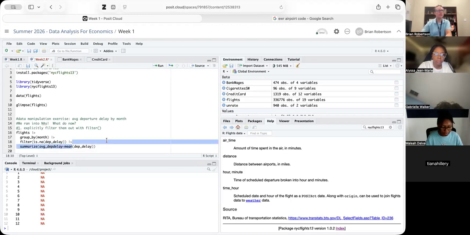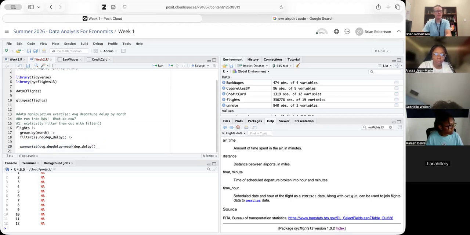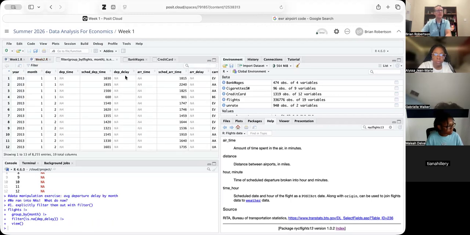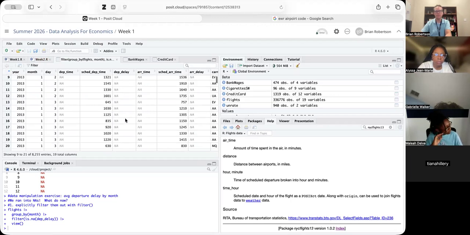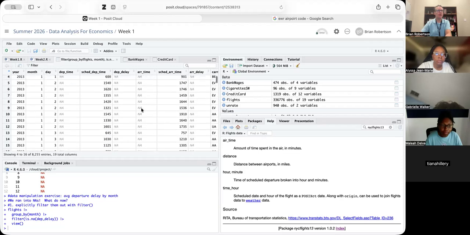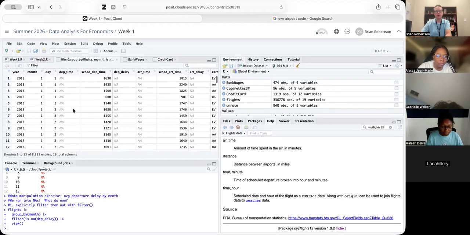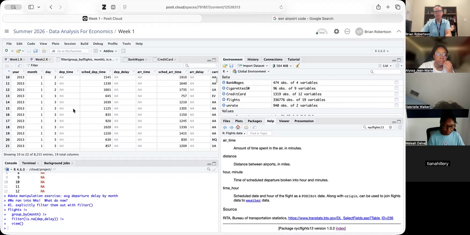Let me illustrate this real quick. I'm going to comment this out for just a second so it doesn't mess with us. I'm going to do a view right here. And if I go to departure delay, I have nothing but NAs in this column. Why do I have NAs? Well, there's no departure time.